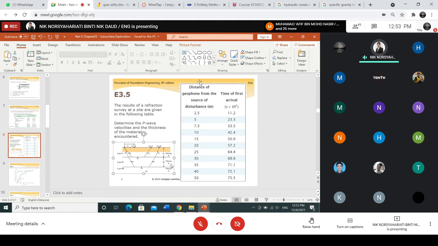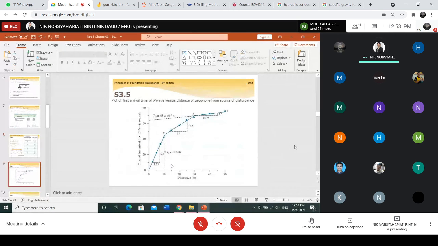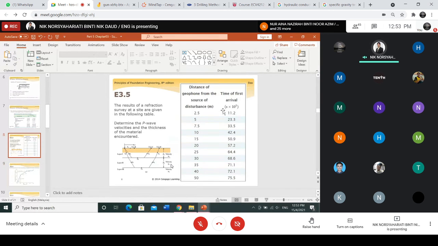They gave you the distance of the geophones, and this is the reading you get from the geophone, with the time of first arrival given. So the first thing is you need to plot the time of first arrival versus the distance.